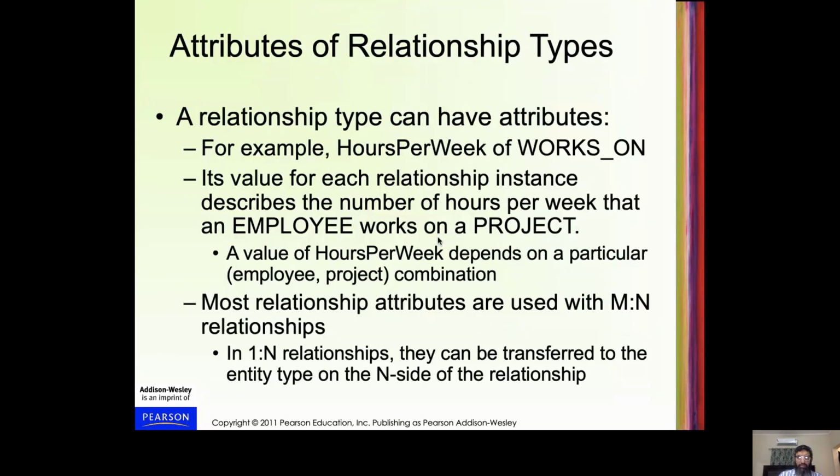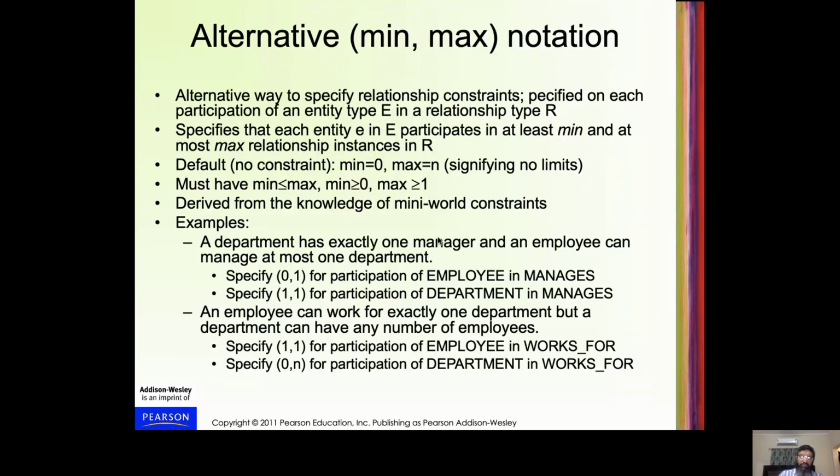Recursive attribute types, alternative min and max notation. This was one type of ER diagram where we show M and N and 1. There is another type of alternative notation in which min and max values are shown on the relationship line.